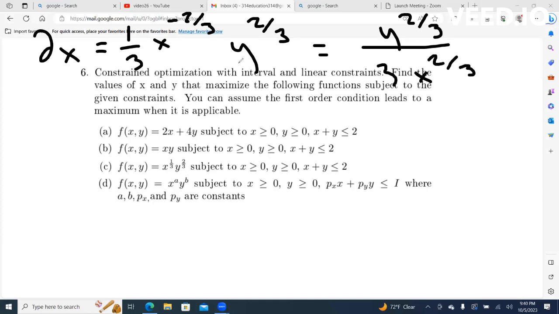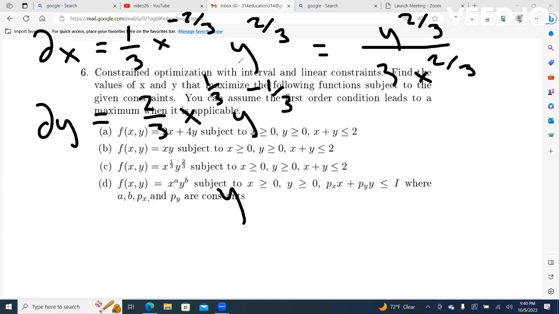Okay, so then we do the partial with respect to y. This is the simplest notation there. The 2/3 comes out front, x to the 1/3 is held constant, and it's y to the 2/3 minus 3/3.